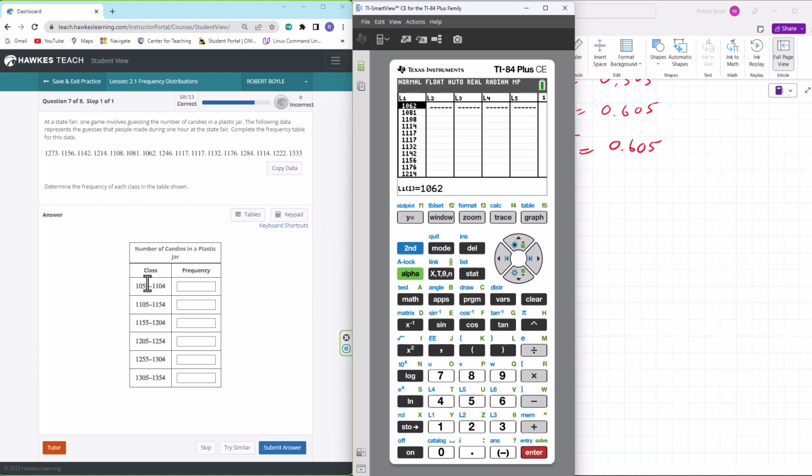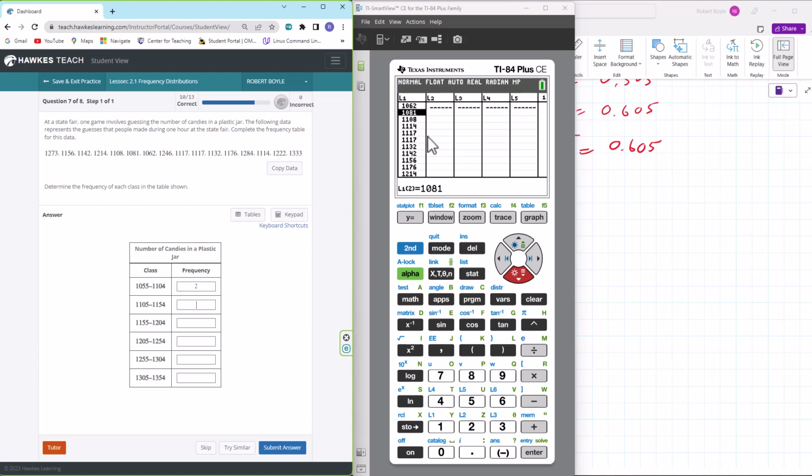For example, the first class is between 1055 and 1104. That would include these two data values that are between that range, so this should be a 2. Okay. Next, we have between 1105 and 1154.